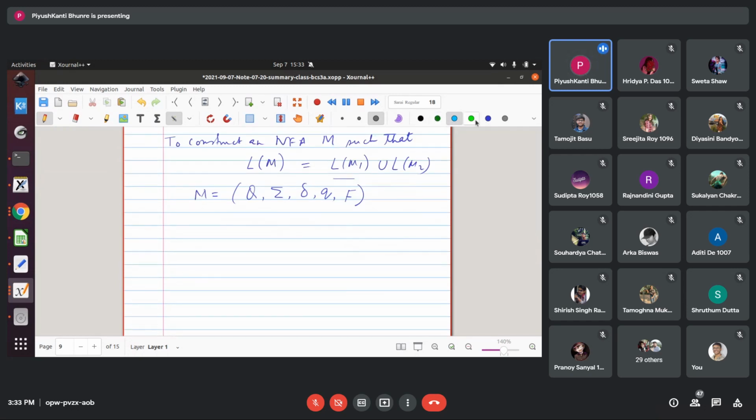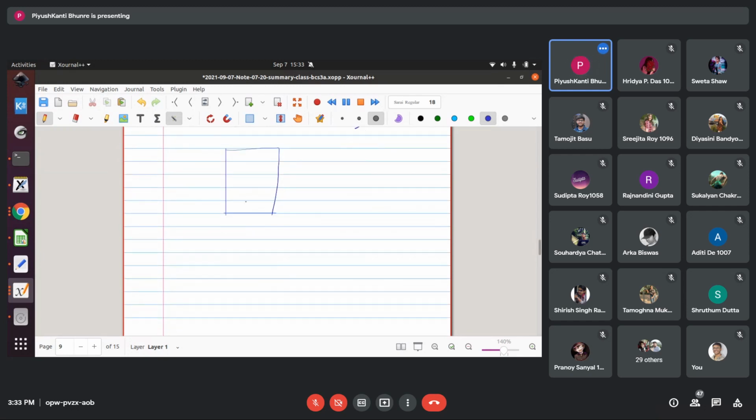So suppose I draw the two DFAs like this, say M1 and M2, some black boxes. They are computational machines, black boxes that I want to simulate. So this is our machine M1.